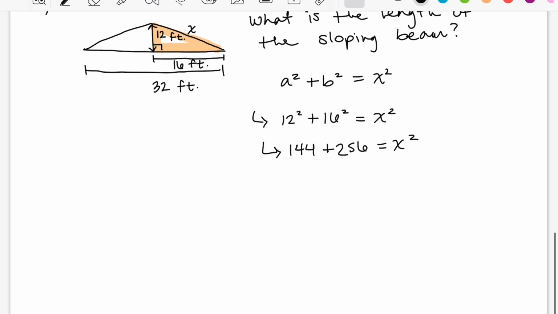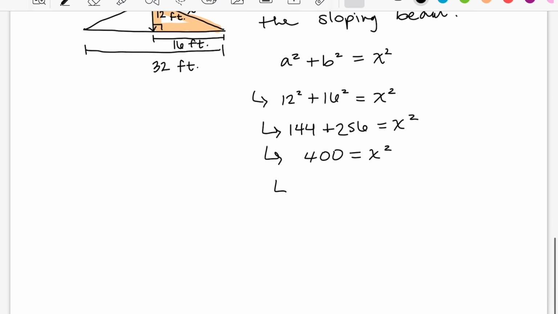And that'll be equal to x squared. So then adding those together, we'll get 400 is equal to x squared. And then taking the square root of both sides, we get that x is equal to 20.